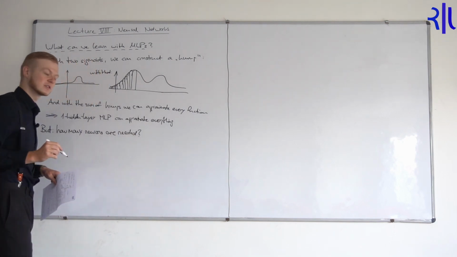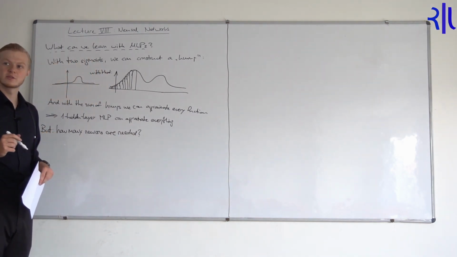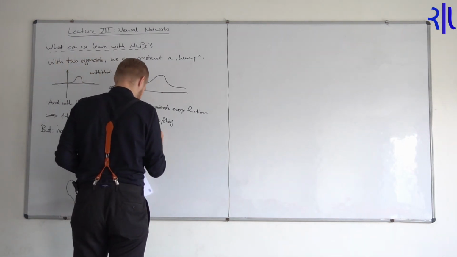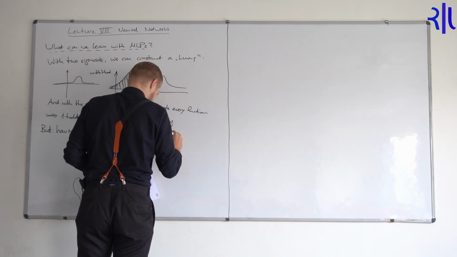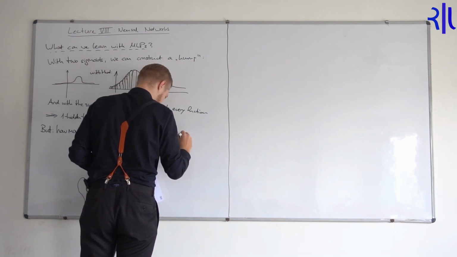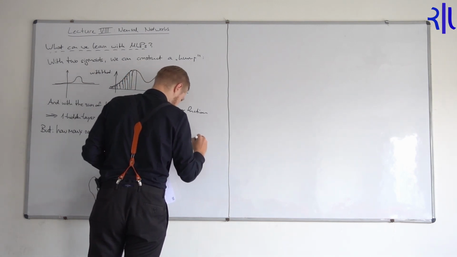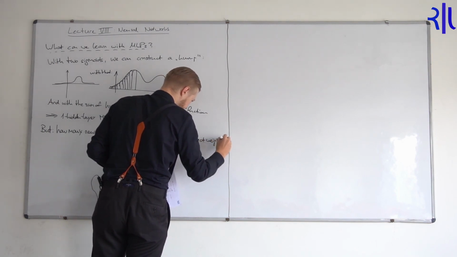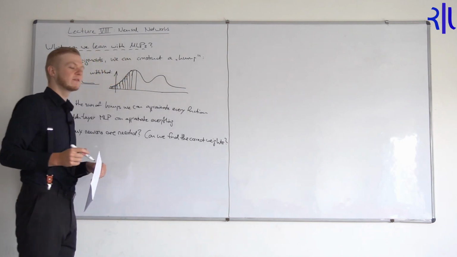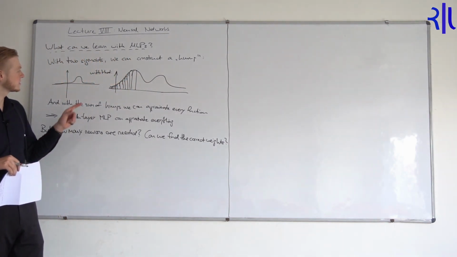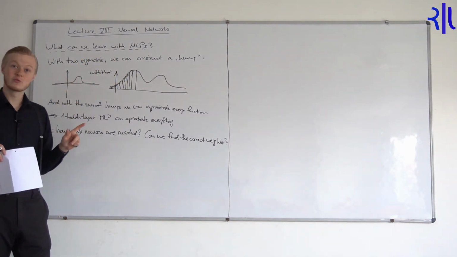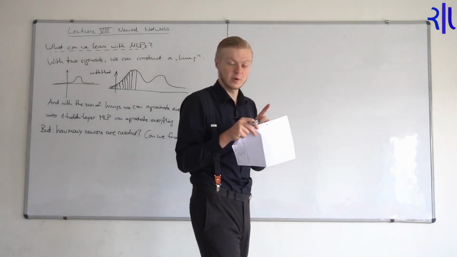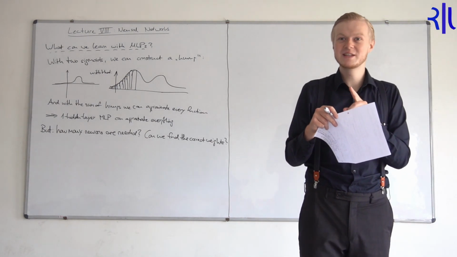How many neurons do we even need to construct something like that? Can we find the correct weights? Because to even construct a hump, we have to find a suitable choice of weights, right?